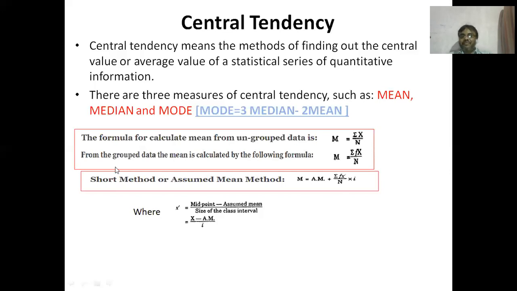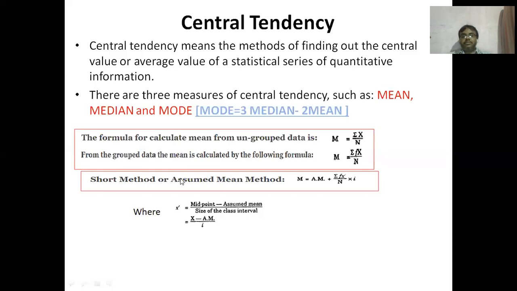But if we have to compute the mean for grouped data, where the frequency or occurrence of each attribute is also there, then our mean will be summation of fx by summation of n, where f is the frequency. We will discuss it in a later slide with hands-on.